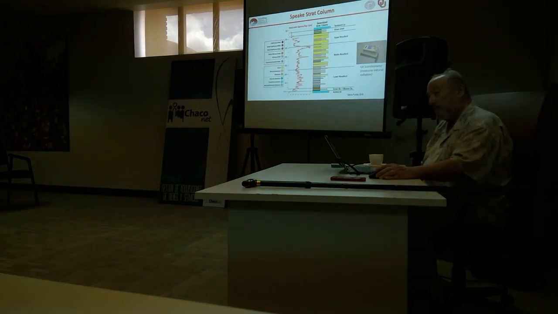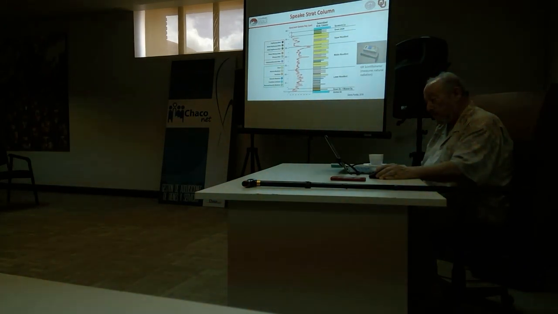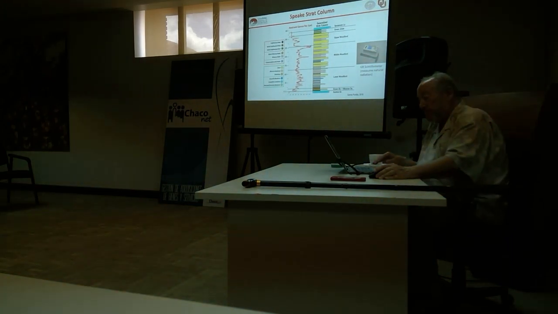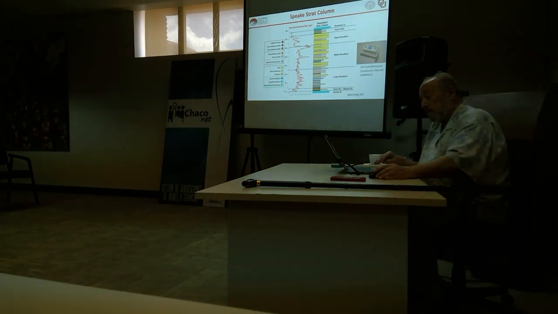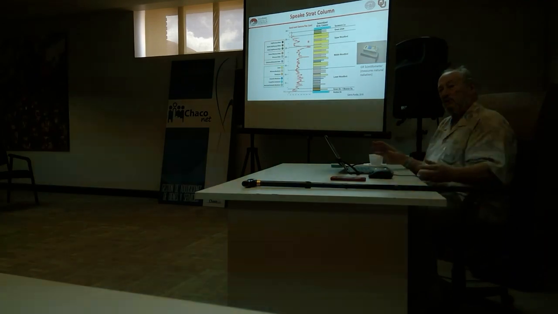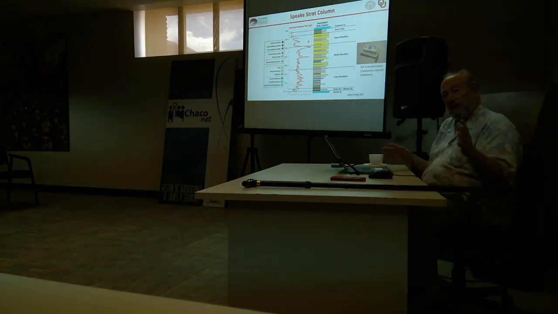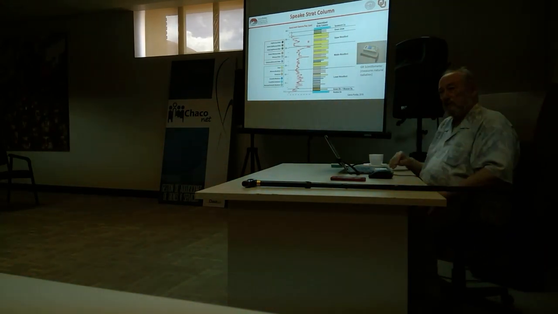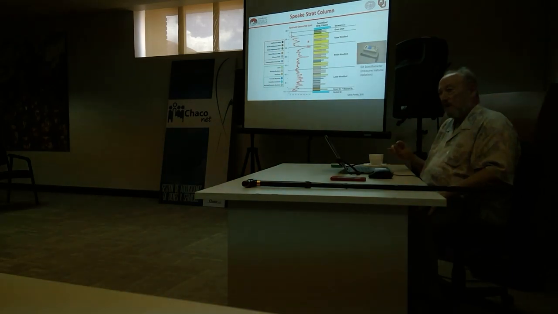Another big drop, you've got a sequence boundary right about here. Then you've got a fining upward. Here's your maximum flooding surface, and then you get your highstand deposit. See those shapes? Once you determine those shapes, it's a piece of cake to do a sequence stratigraphy interpretation.